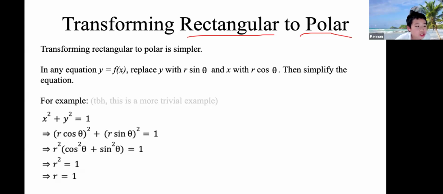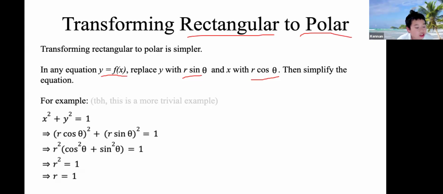If we have any equation y equals f of x, we replace y with r sine of theta and x with r cosine of theta. I think we should have already gone over this before when talking about polar. But anyways, we plug it in and simplify the equation.